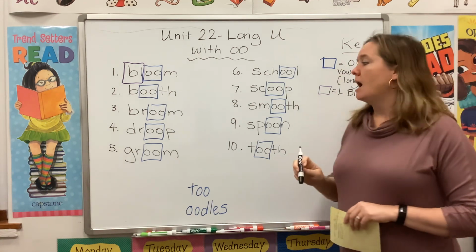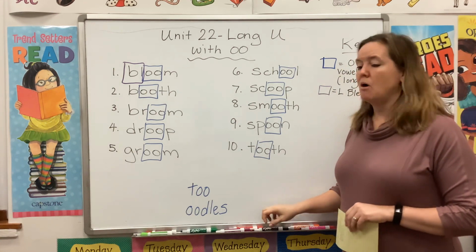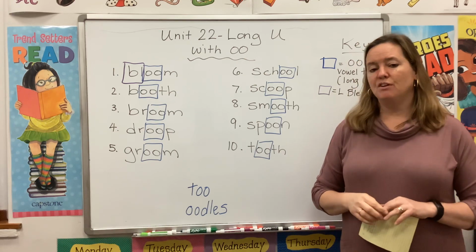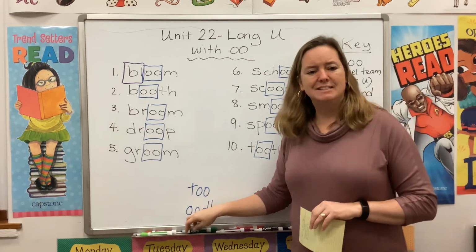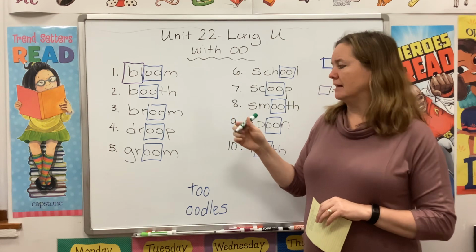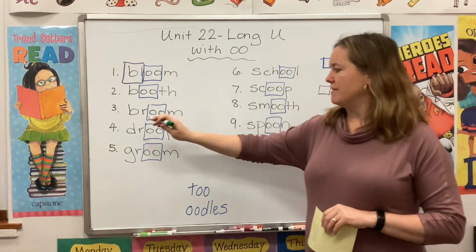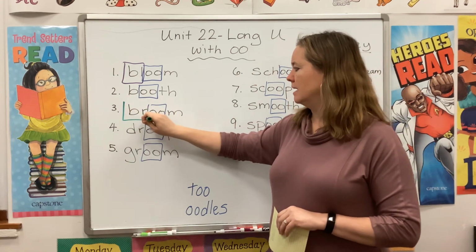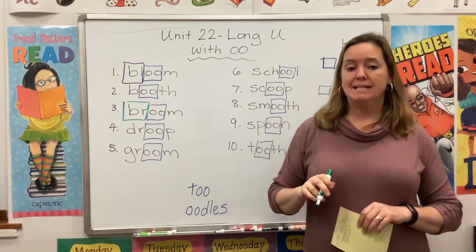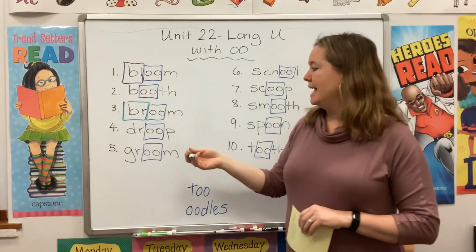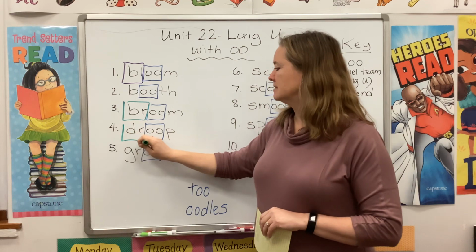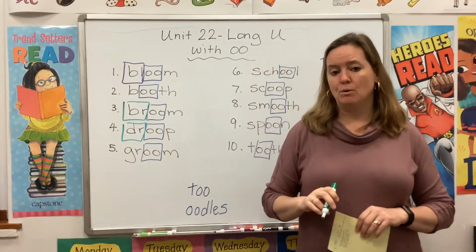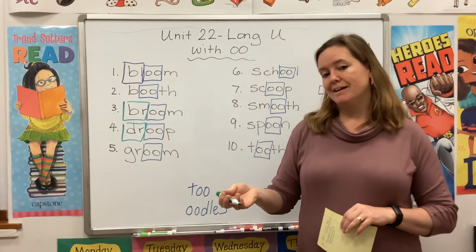Okay? We also have some R blends. Those are tricky for a lot of kids because they don't always hear the sounds correctly. But here's one of them. BR makes a br sound in broom. DR makes a dr sound in droop.